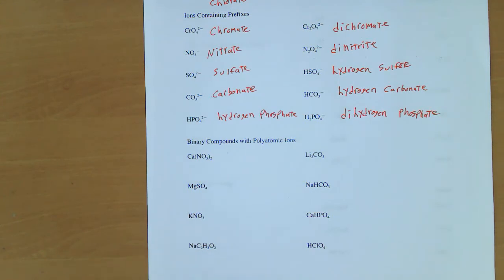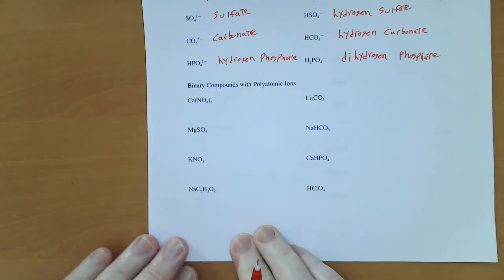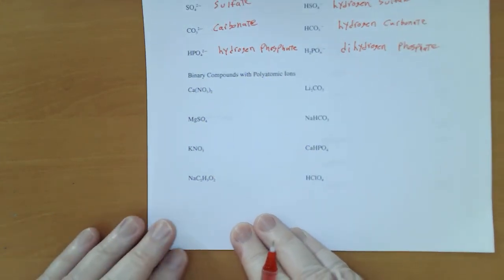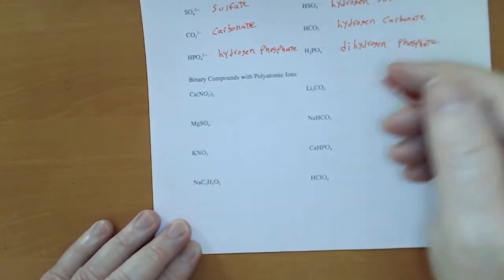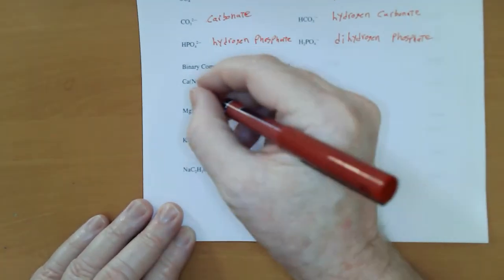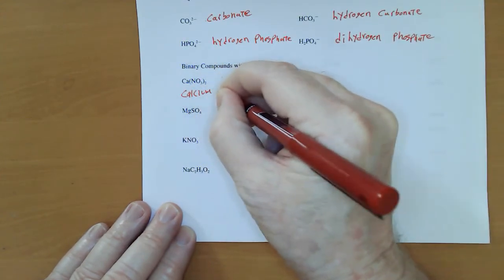Okay. Now, when we're trying to name binary compounds that have polyatomic ions, all we end up doing is putting the two names together. So try and get that straight there. Calcium nitrate.